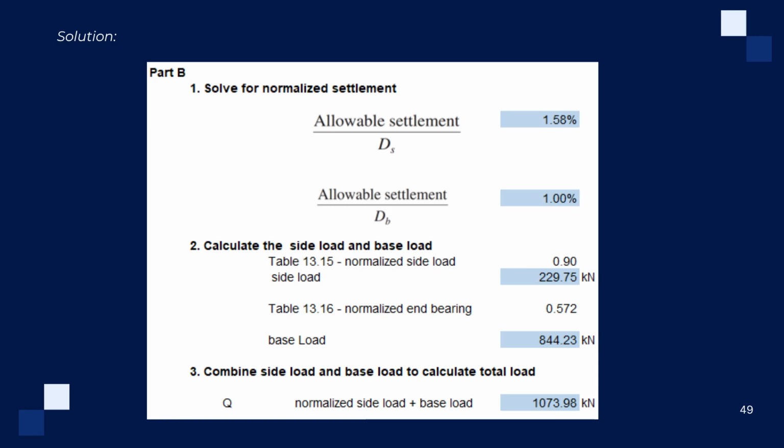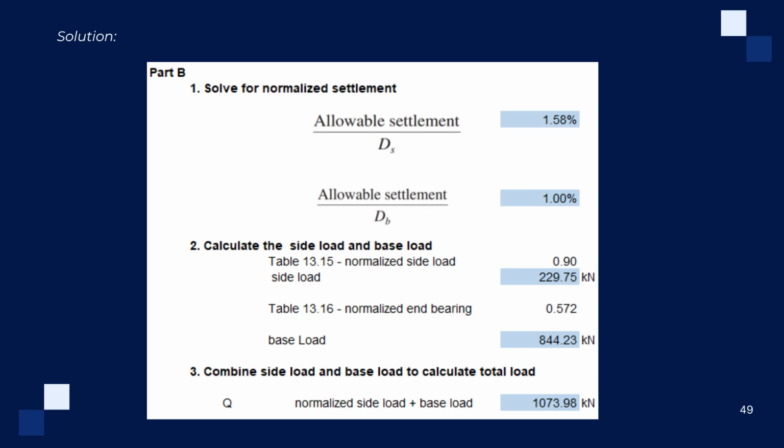Then, we need to calculate the side load and base load, where the normalized side load is 0.90, and the side load is 229.75 kilonewton. In table 13.16, the normalized end bearing is 0.572, and the base load is 844.23 kilonewton.